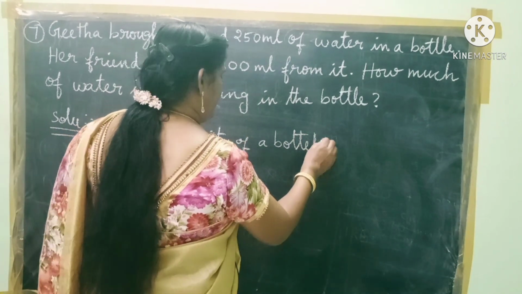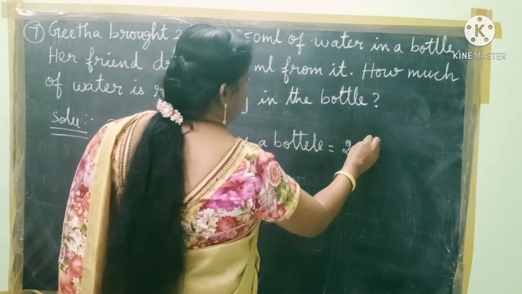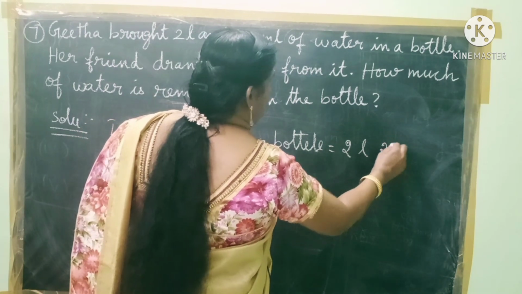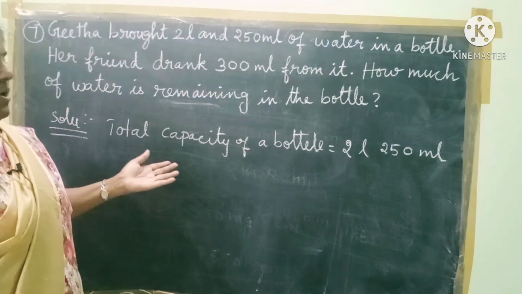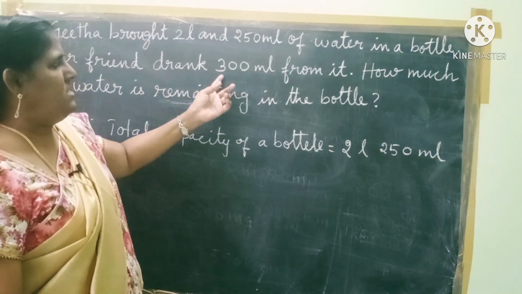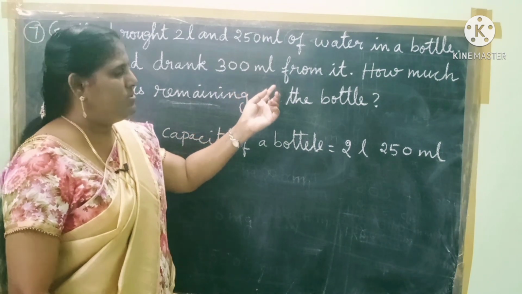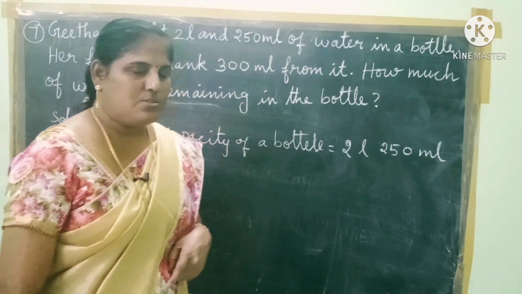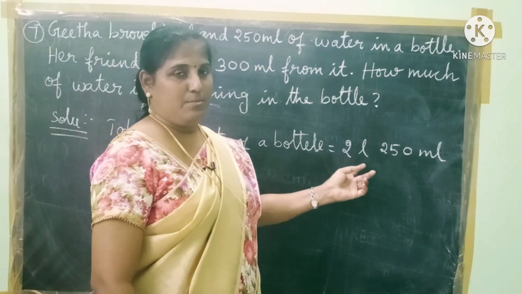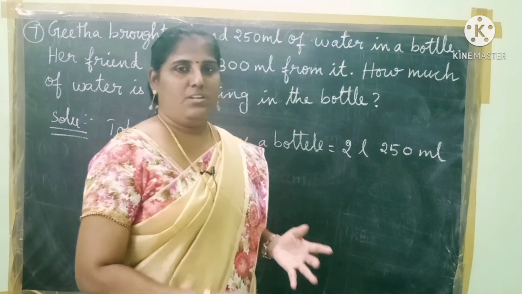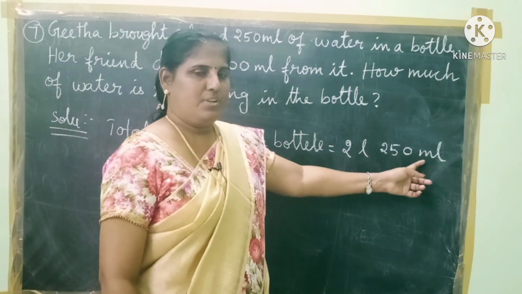It is equal to 2 liter 250 ml. How much did your friend drink? 300 ml. If you need to add or subtract, as I already told you, if the units are the same, we can add and subtract. So here liter and 250 ml are given.